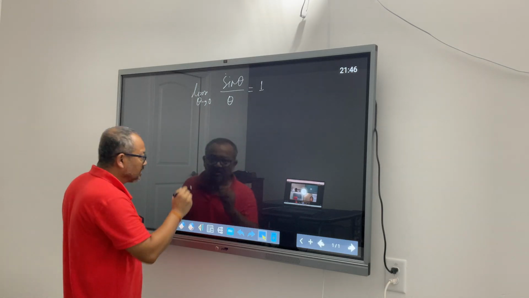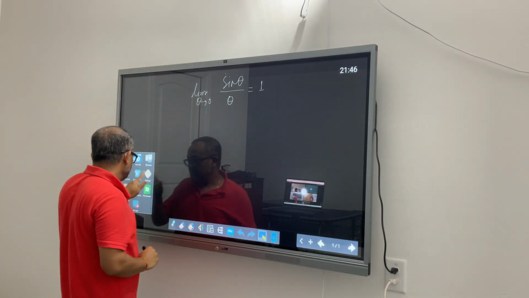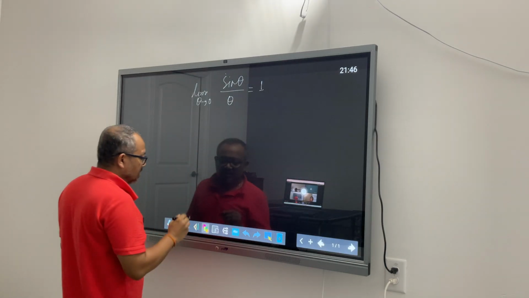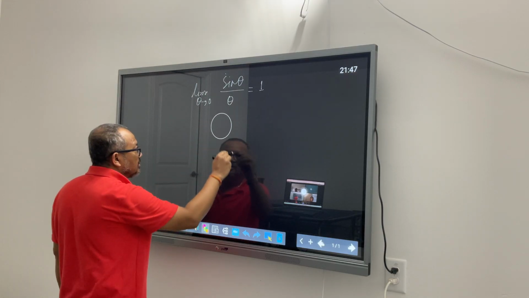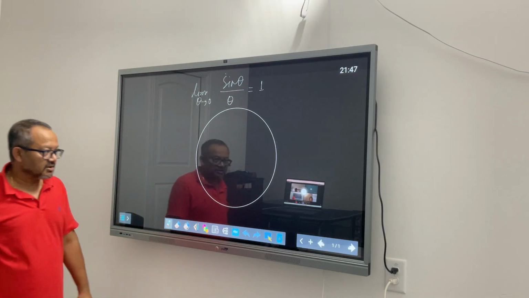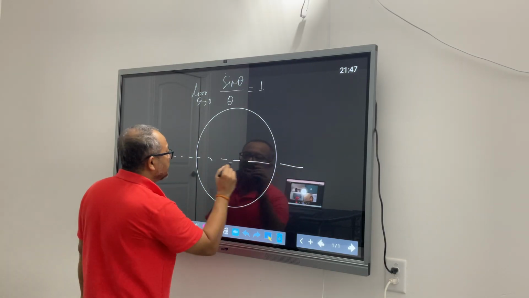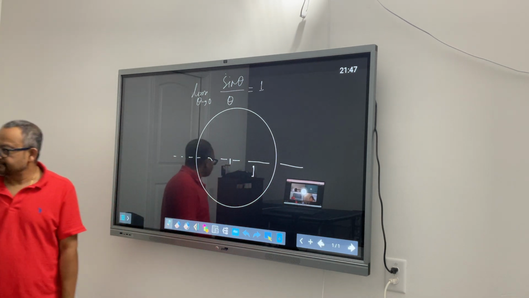So we'll start with a circle first. Let me try drawing a circle. I will call this a unit circle, meaning it has a radius of 1.